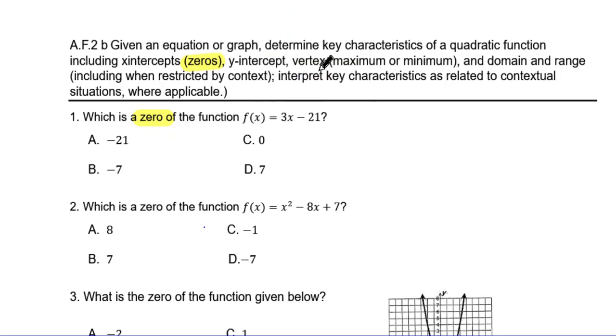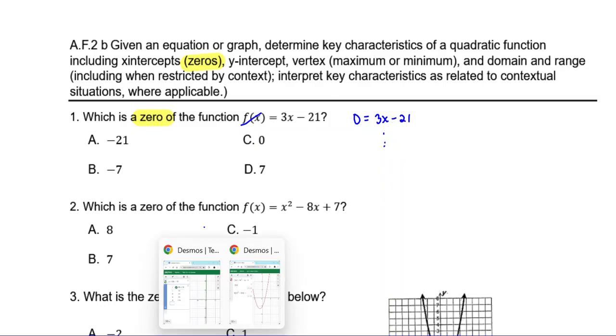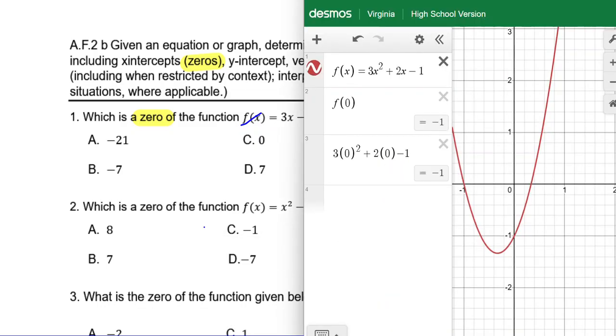So the zero of a function is what makes the whole function equal to 0. Basically you would put 0 equals 3x minus 21. You can solve it this way, or the easiest way to find zeros is by plugging it in Desmos.